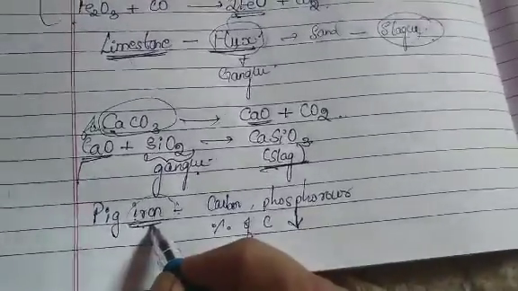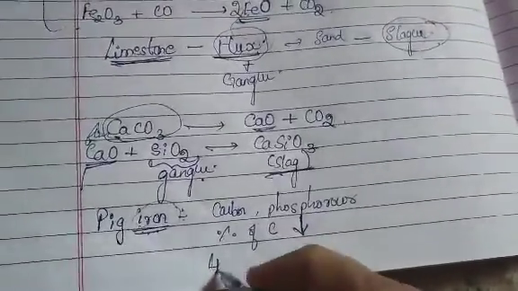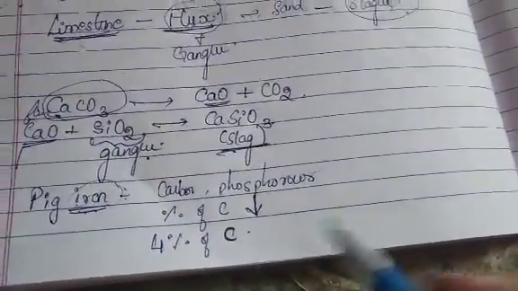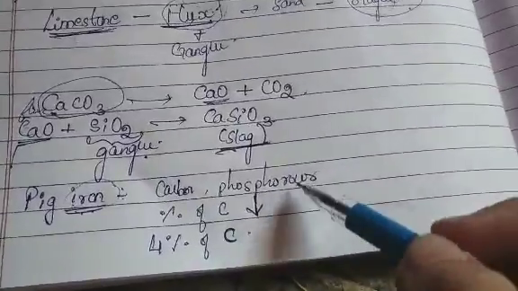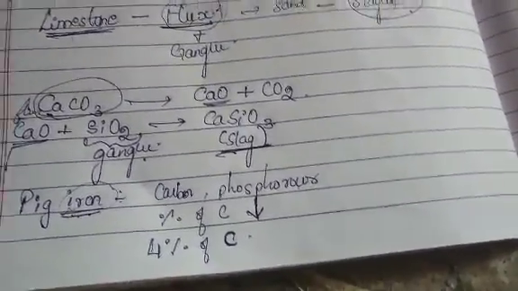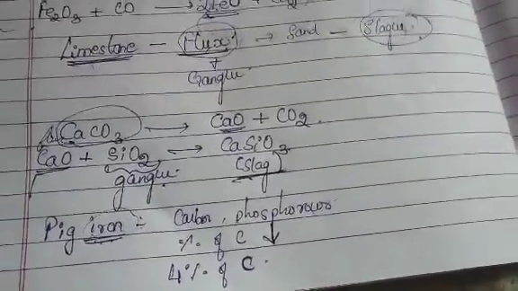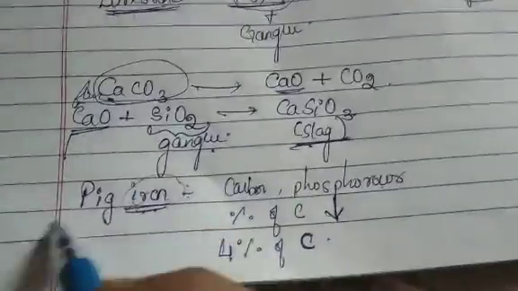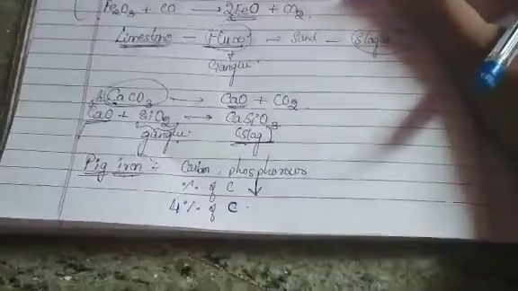So in pig iron, we have 4% carbon. Along with that 4% carbon, as I said, you have sulfur, phosphorus, silicon, manganese, etc., which make the obtained iron very impure, and that is the reason it is called pig iron.